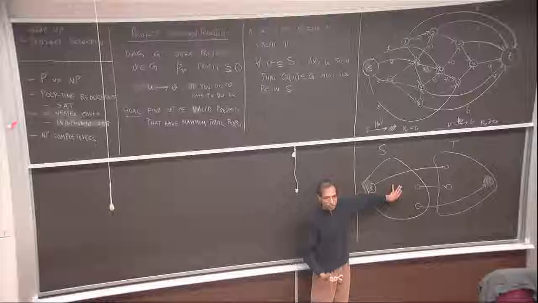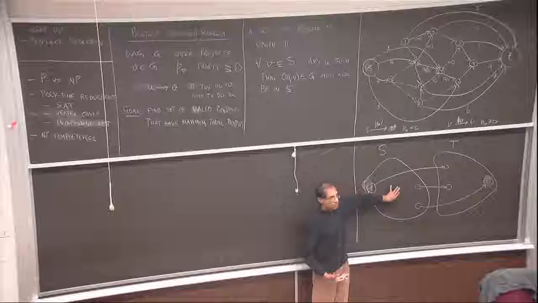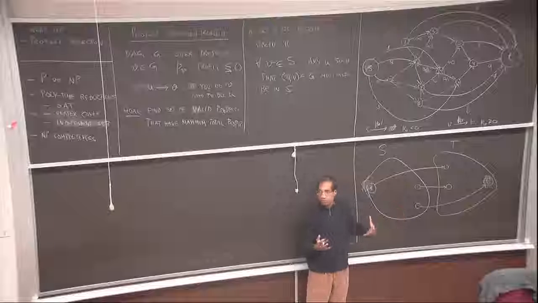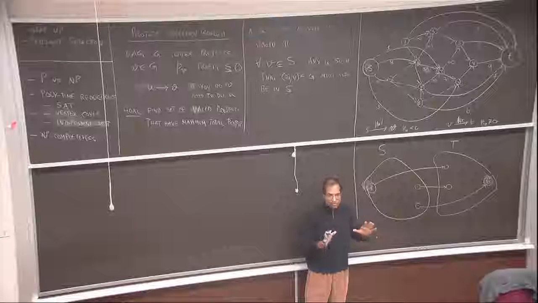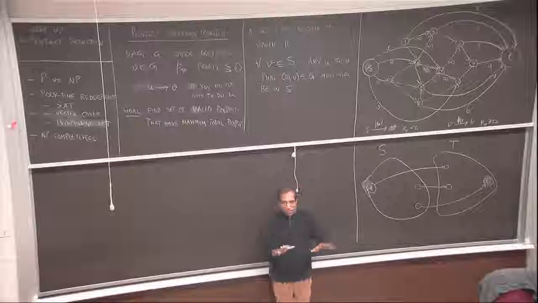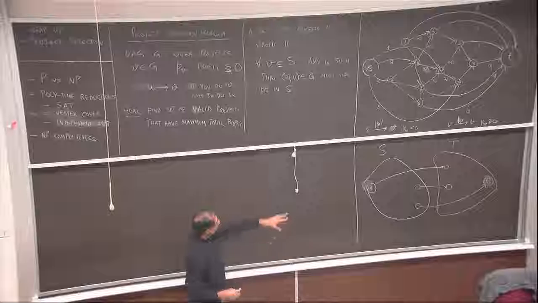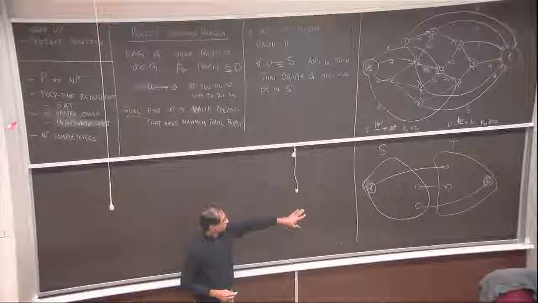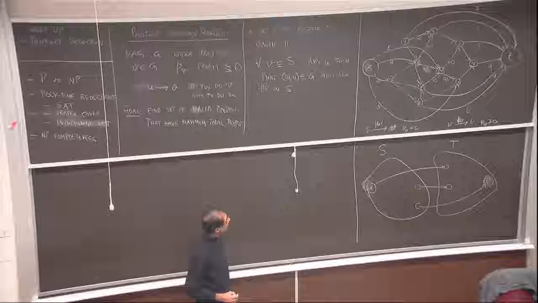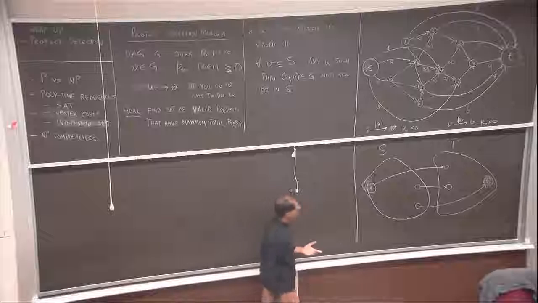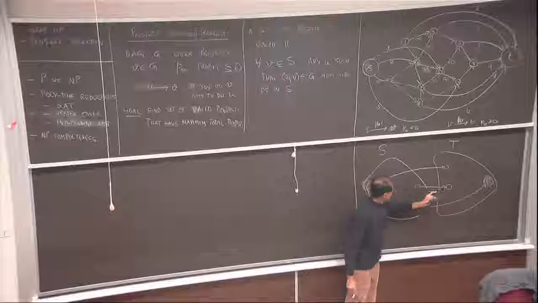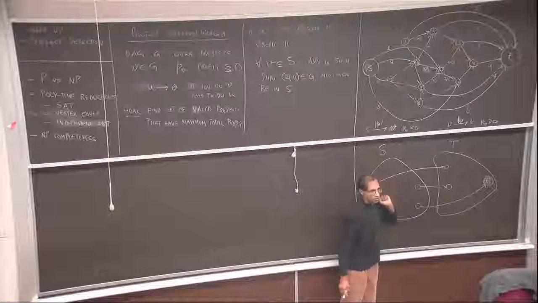We're going to find a certain cut in which the projects are in the S side, and that's the one we're going to select. That is the high level idea, but let's try to see what's going on. Let's understand the capacity of the cut. It has three kinds of edges.